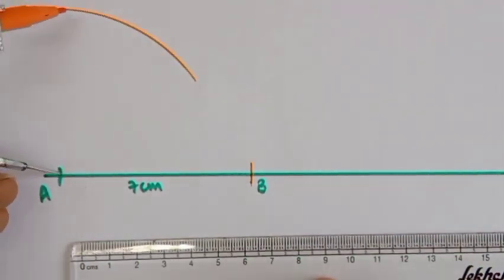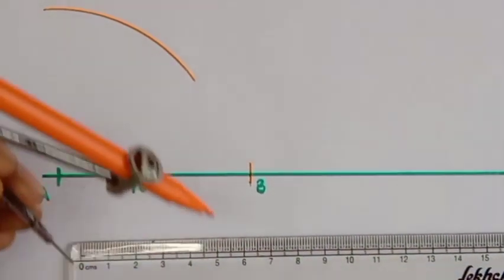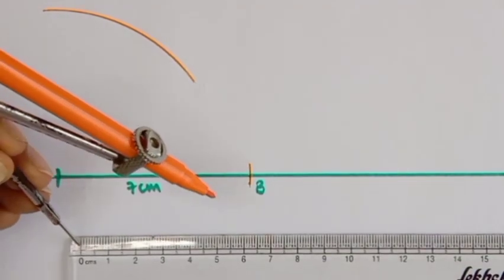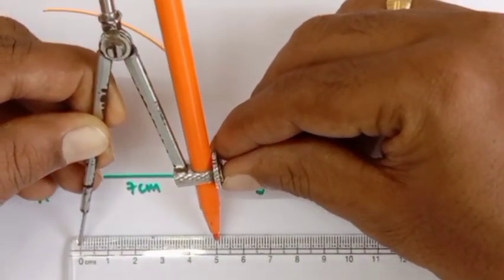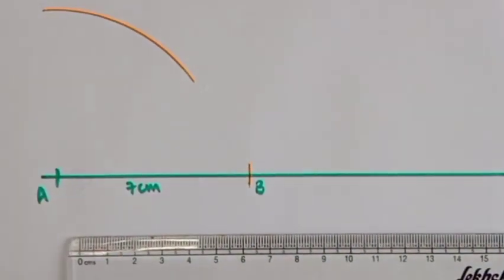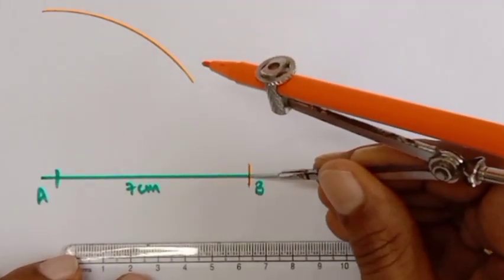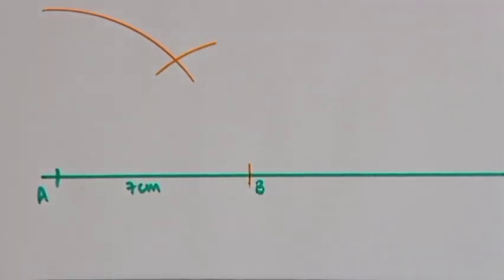The arc is ready. And then afterwards, I will be taking the 5 centimeter, which is also asked. Here I have adjusted it to 5 centimeter. And from B, I will be drawing an arc of 5 centimeter. Now I will be joining these points, the point of intersection with A and B.